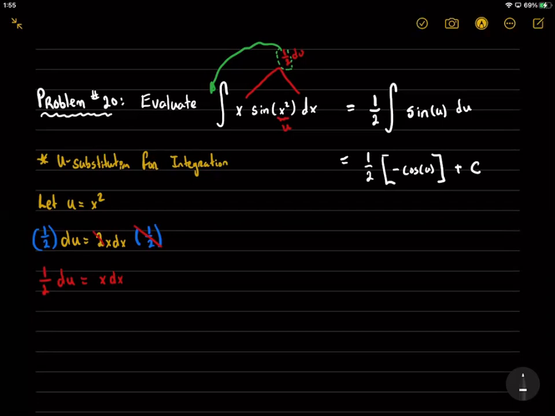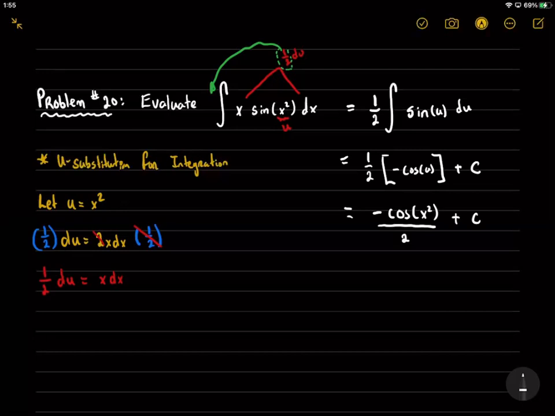We write u in terms of x, which was x squared. So the way that you can write out your final answer is negative 1 times cosine of x squared, divided by 2, plus your arbitrary constant c. And that would have been your final answer.